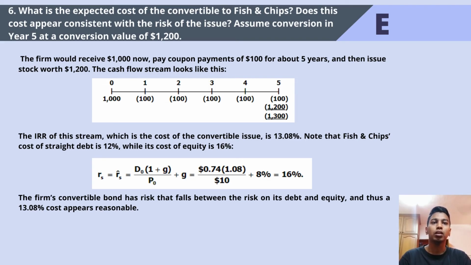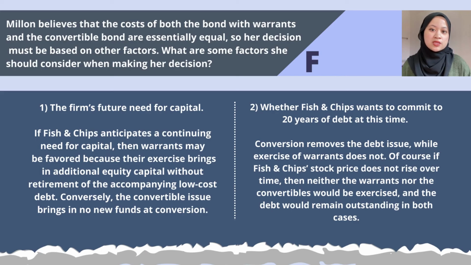The firm's convertible bond has risk that falls between the risk on its debt and equity, and thus a 13.08% cost appears reasonable.